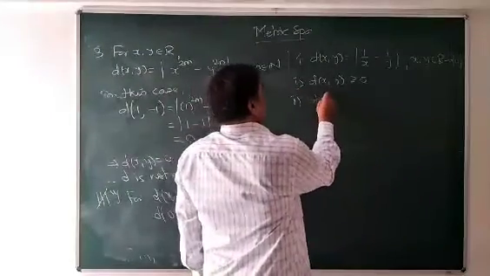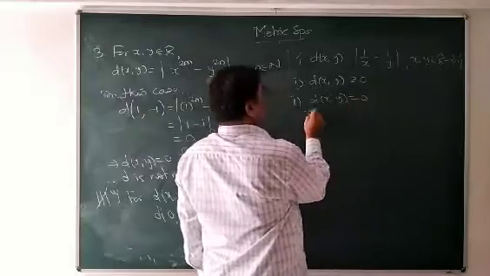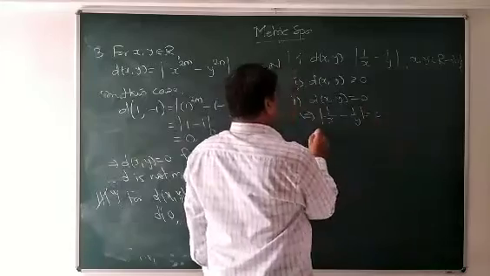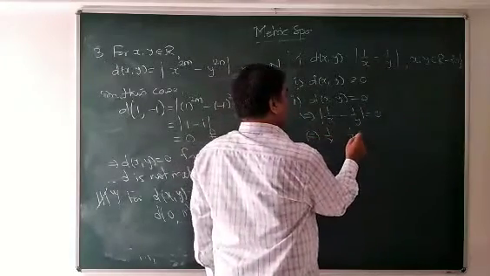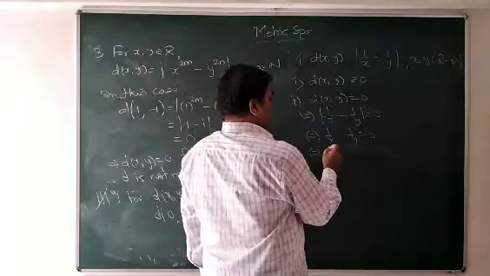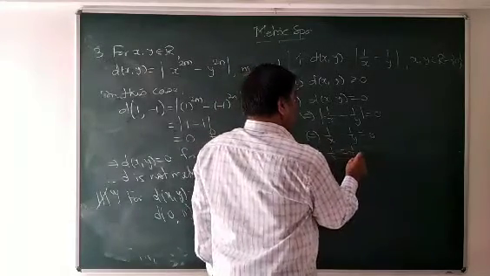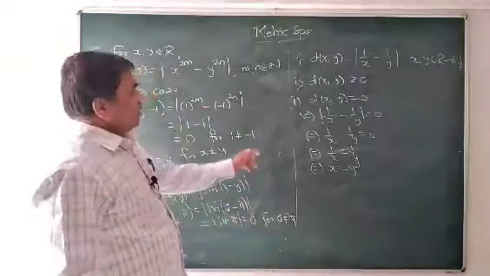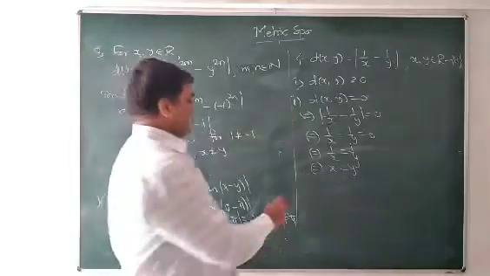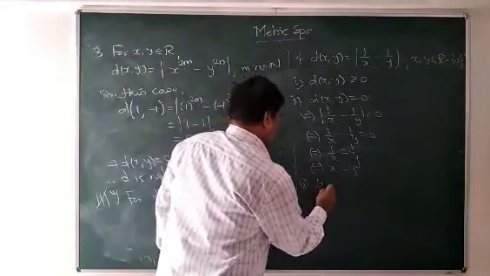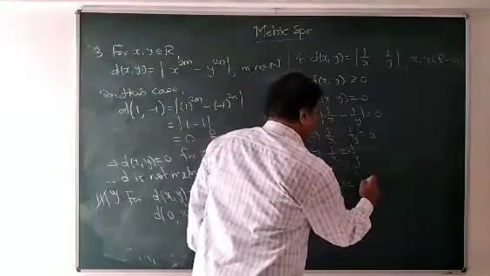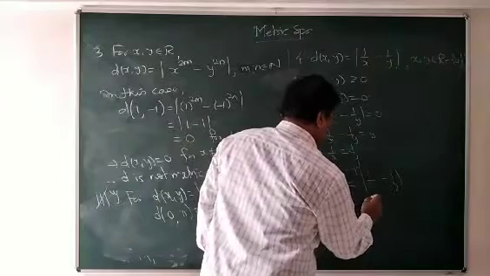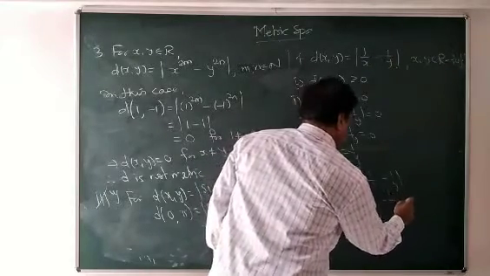Second, d of xy is equal to 0 if and only if mod of 1 by x minus 1 by y is equal to 0, if and only if 1 by x is equal to 1 by y, and this is the same as x equal to y. Means they satisfy the positive axiom. Third, d of xy is mod of 1 by x minus 1 by y. Again, I will write it as mod of 1 by y minus 1 by x, which is equal to d of yx.